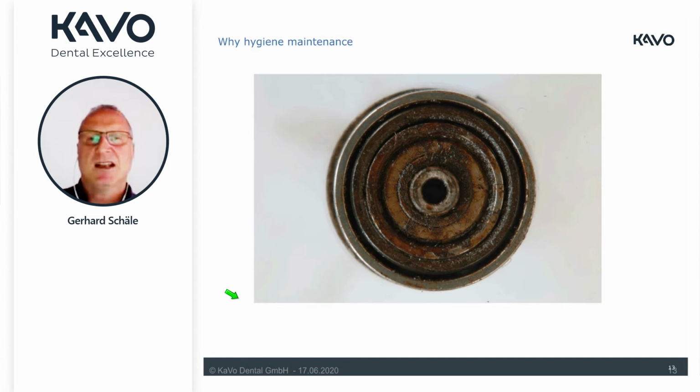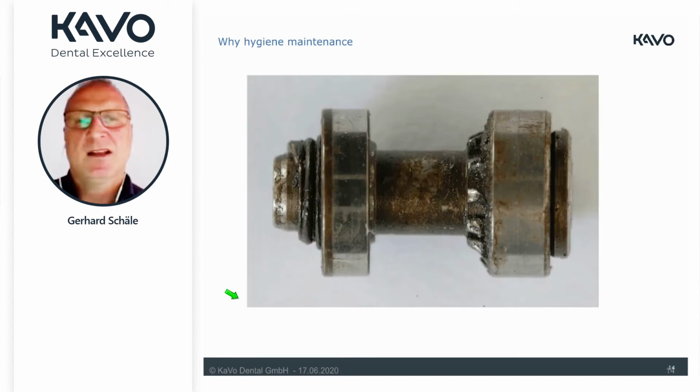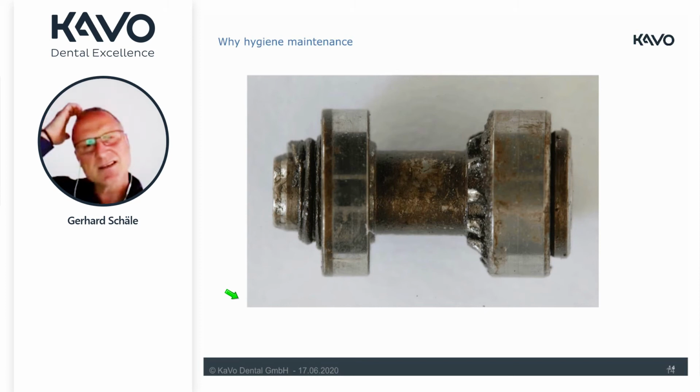That means an instrument like this should never go into the sterilizer. First of all, it should always be cleaned in a very good way. I just have here some samples. This is a part from an Intra LUX head, how it looks, and you can see clearly particles placed here.